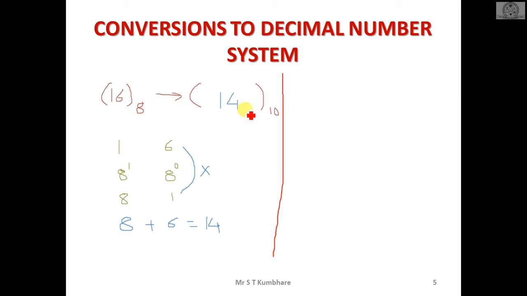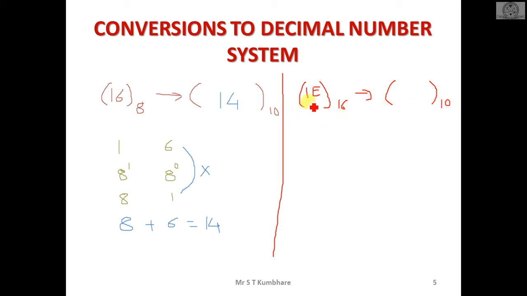So this is octal to decimal. Similarly, we can convert hexadecimal number into decimal. Let's take an example. Let us say I have a hexadecimal number 1E and I want to convert this hexadecimal number into decimal number. How to do that?